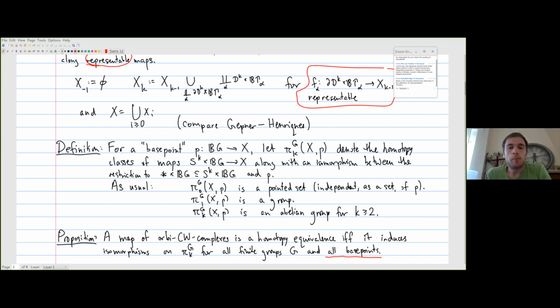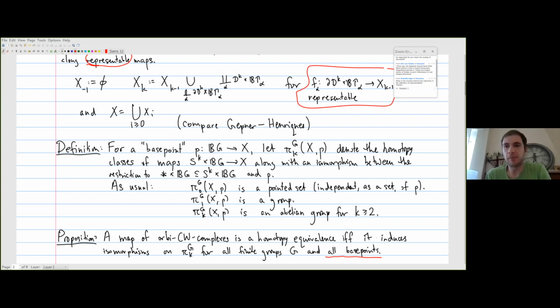Now, you can't really make such a simplification here, because even if a space is connected in the sense that pi 0 with respect to the trivial group is a singleton set, it may be the case that pi 0 with respect to a non-trivial group is not the singleton set.